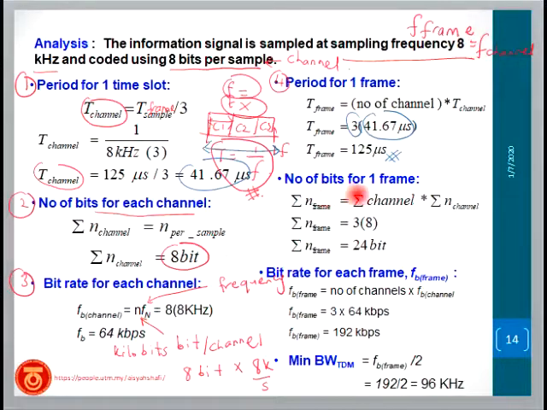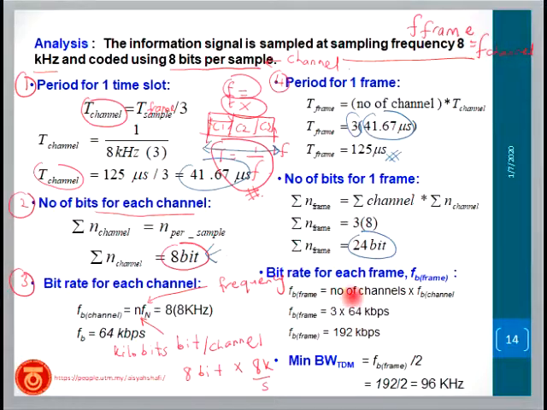Next, the number of bits per frame. One frame has 3 channels, and for one channel we have 8 bits, so the number of bits for one frame is 24 bits.